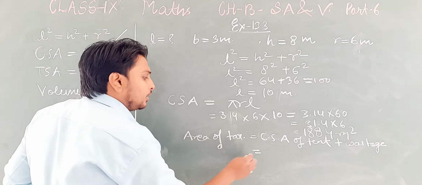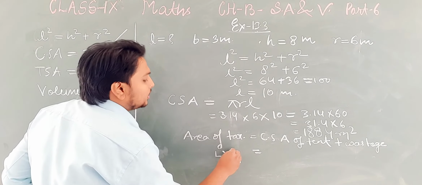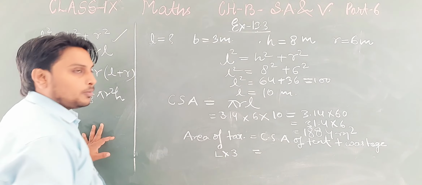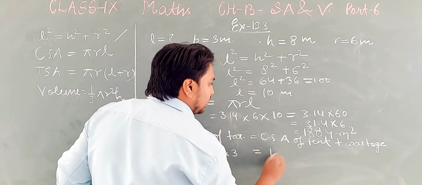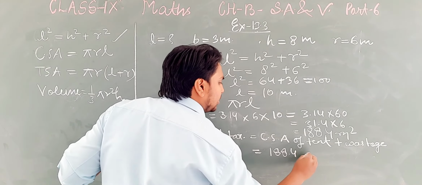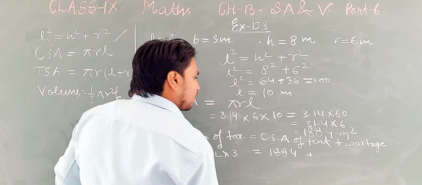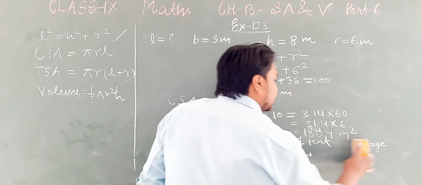Firstly we will write the left hand side, it is length into breadth, and breadth is given 3. The curved surface area of tent is 188.4. Firstly we will not add the wastage here.